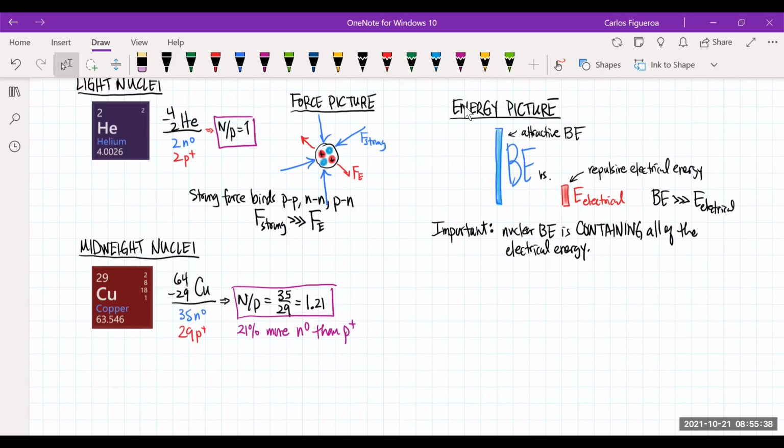So before we start to look at the force picture and everything like that, I think what's important is that we make some remarks. When I compare copper, which has 29 protons, and helium, which has 2, let's make some observations.